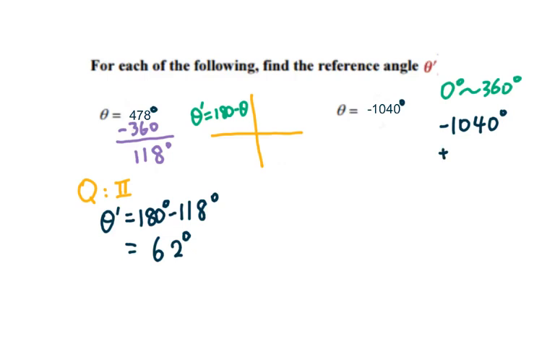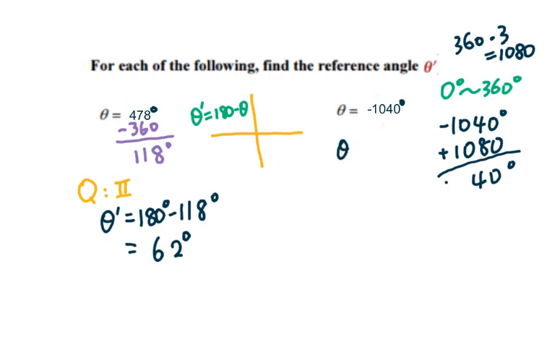That means adding 1080. Because 360 times 3, you will get this. Then the answer is 40 degrees. Since 40 is in the first quadrant, that's why your reference angle equals 40 degrees.